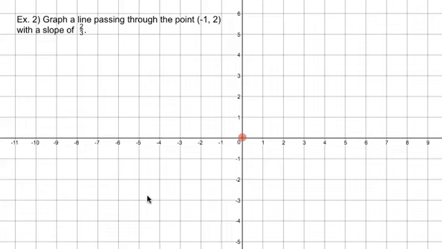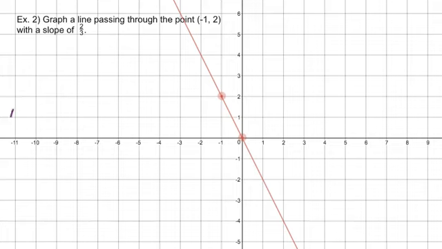Now let's graph the line passing through the point (-1, 2) with a slope of 2/3. Well, I can plot the point (-1, 2) in a fairly straightforward manner, but when it comes to using that slope, that probably bears a little discussion. So let's look at what slope means.